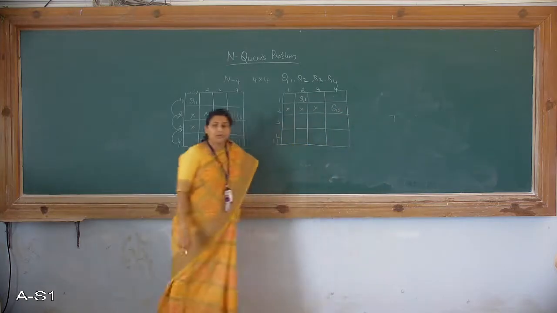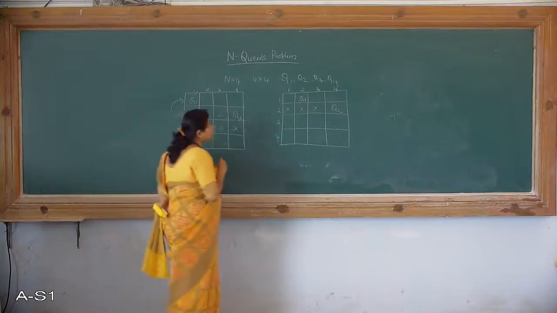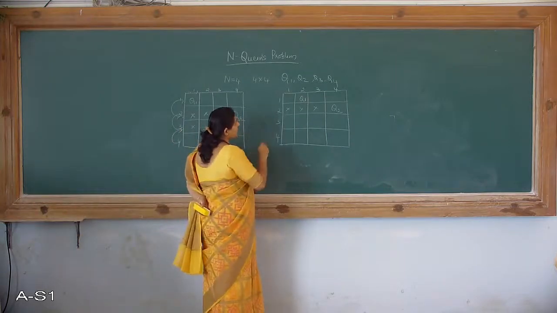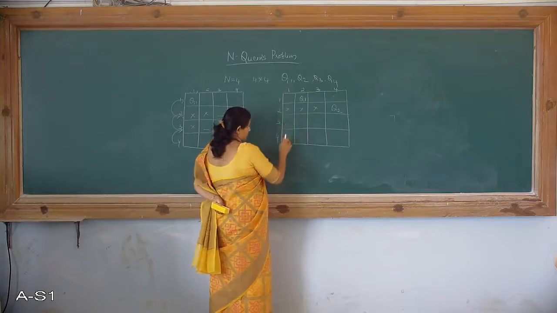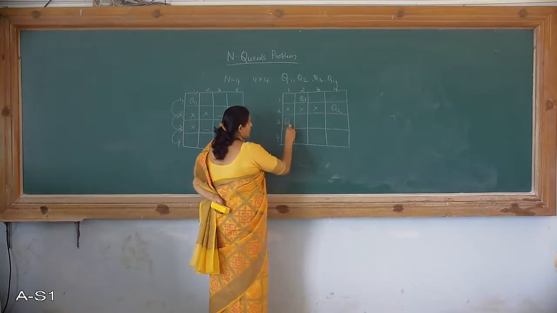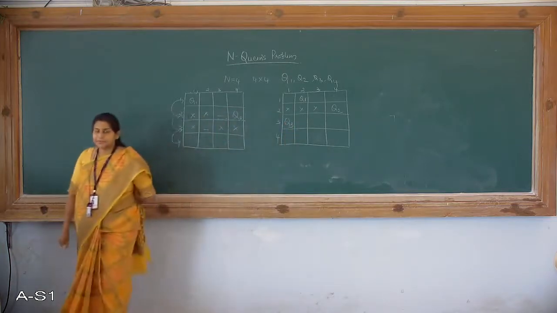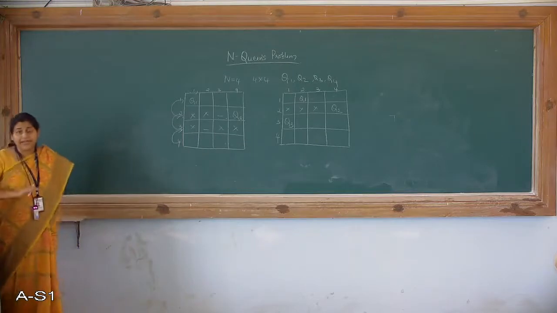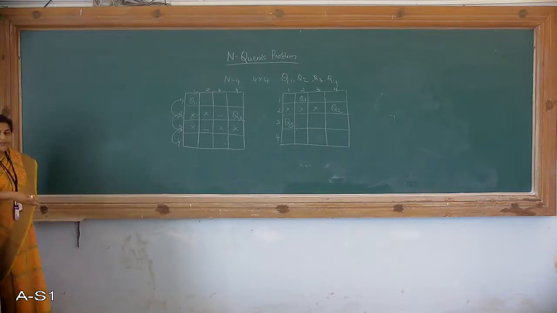So I will place my queen 2 here. There is no more. So I will now go for queen 3. Can I place my queen 3 here? Because there is no element. So I will place my queen 3 here. Is it okay? Because it fits as per our rules number 1, 2 and 3. All the rules abide.